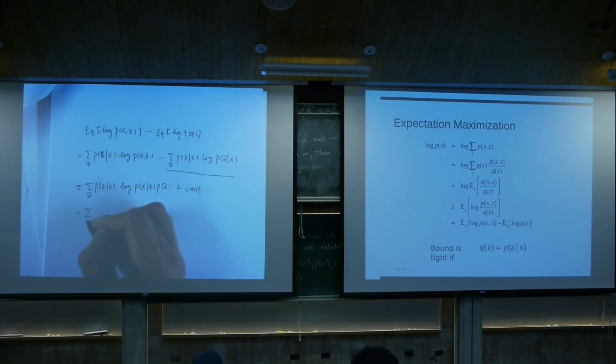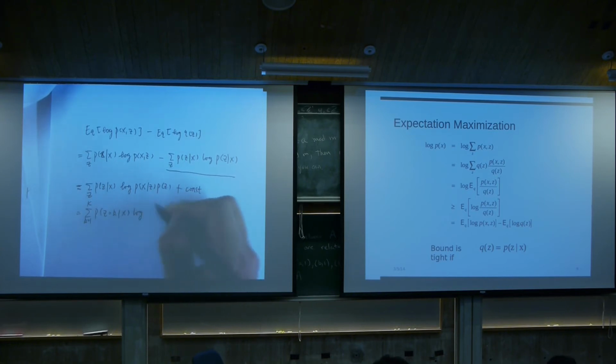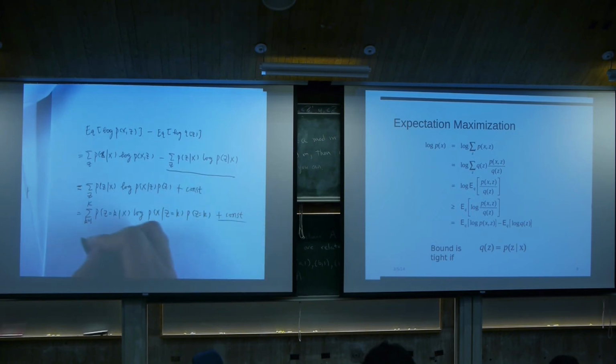So it's the sum over small k from 1 to capital K of P(Z equals k given X) log P(X, Z equals k), plus some constant. In the following steps, I'm going to drop this constant.